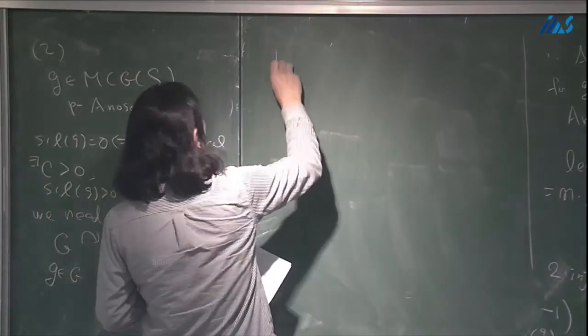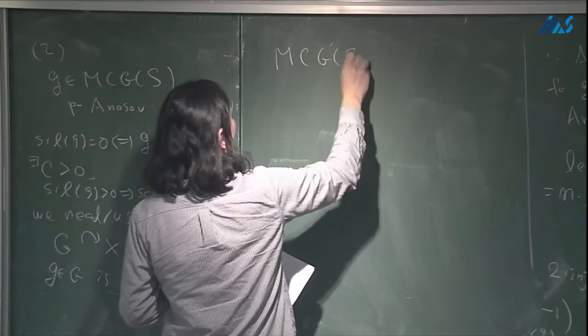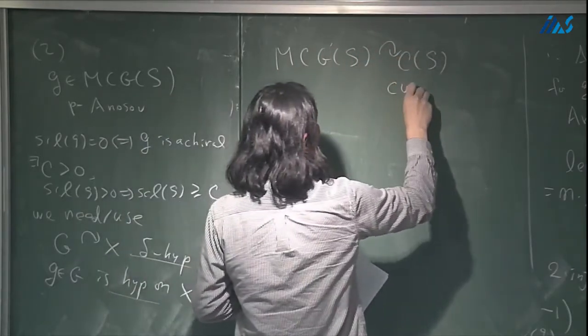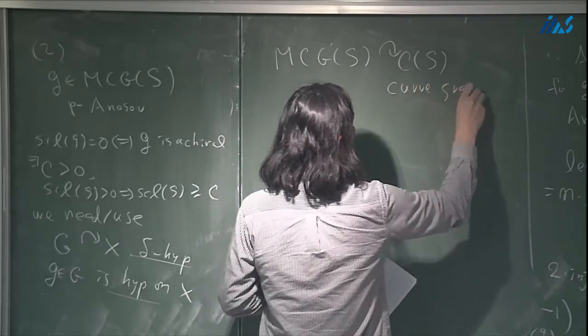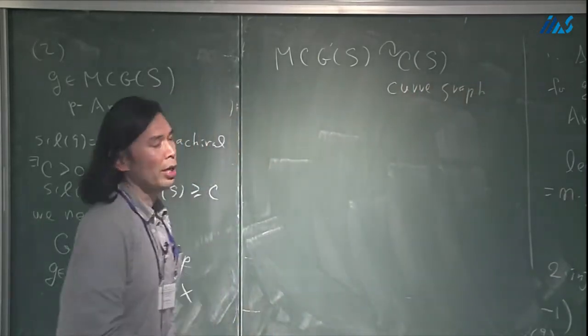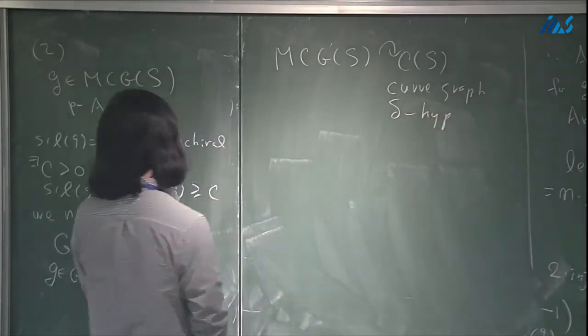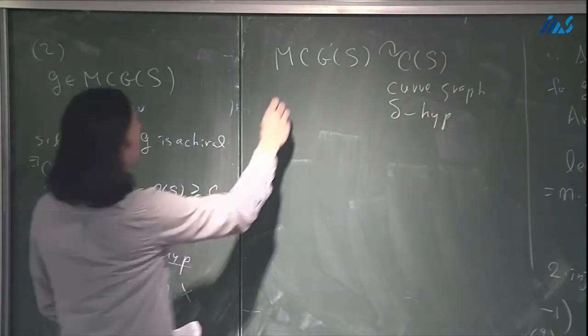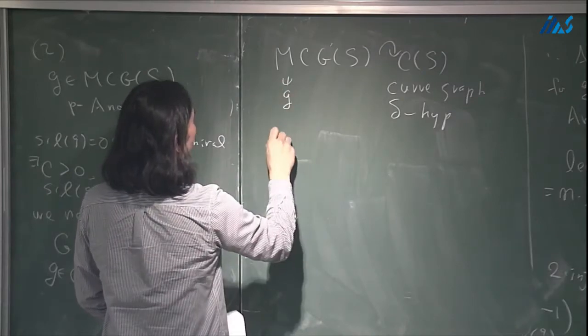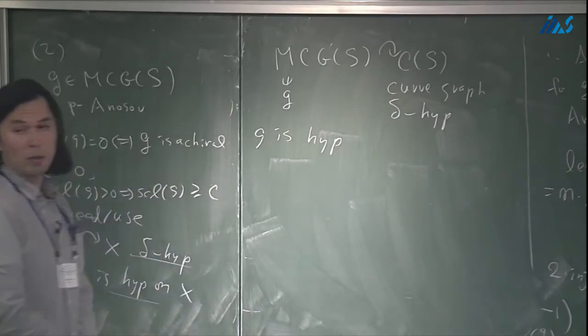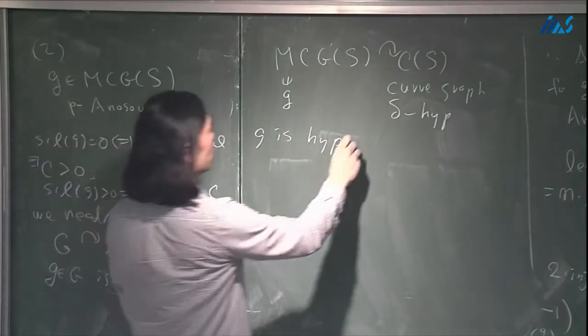So this one acts on the so-called curve graph. By Masur-Minsky, it's proved that this is delta hyperbolic. And also importantly, an element G is hyperbolic on this curve complex if and only if G is pseudo-Anosov.